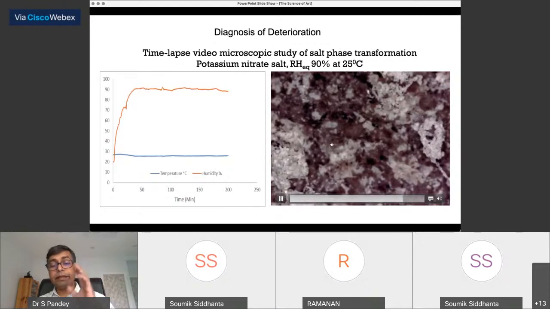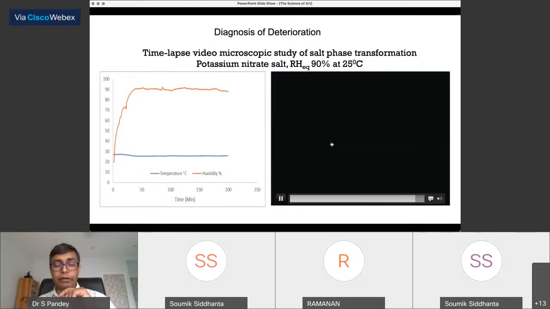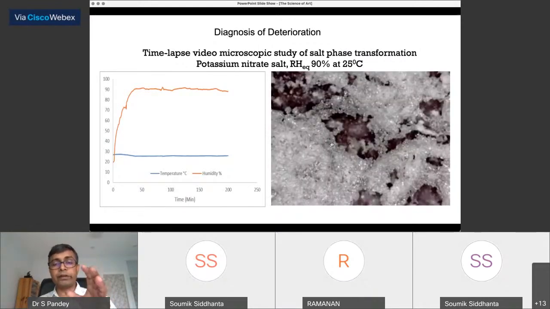So this indicates that smaller fluctuations on a shorter time scale would lead to massive catastrophic damage, because whatever moisture is gained by the salt will lead it to dissolve and recrystallize, forming different crystals. So once they crystallized, they did damage, they dissolved and recrystallized, and the damage would happen again.